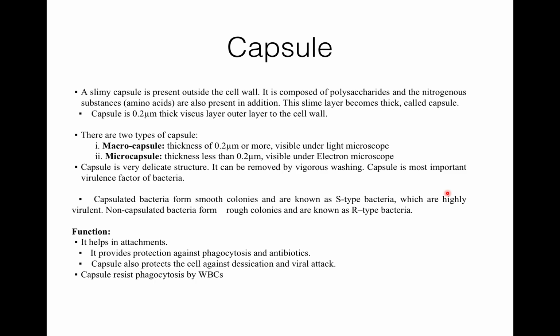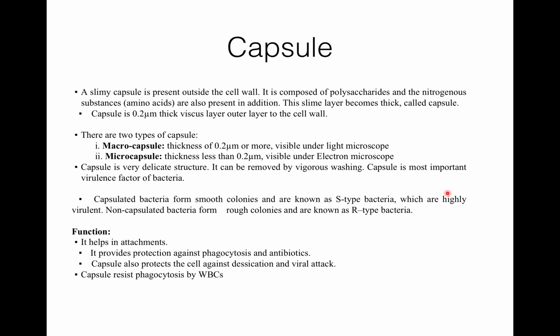The thickness of macrocapsule is 0.2 μm or more and they can be visible under a light microscope. But microcapsule thickness is less than 0.2 μm and they are visible under an electron microscope. Capsule is actually a very delicate structure and it can be removed by vigorous washing. And capsule is the most important virulence factor of bacteria.